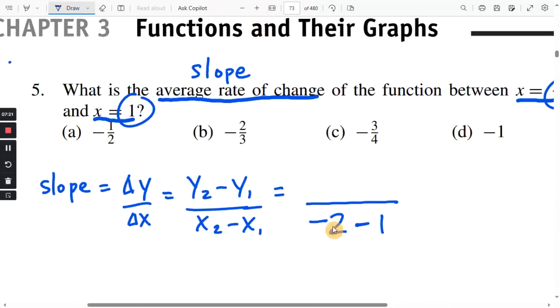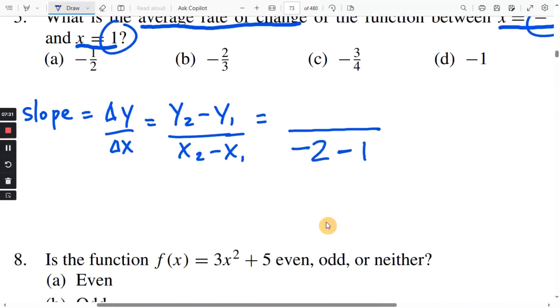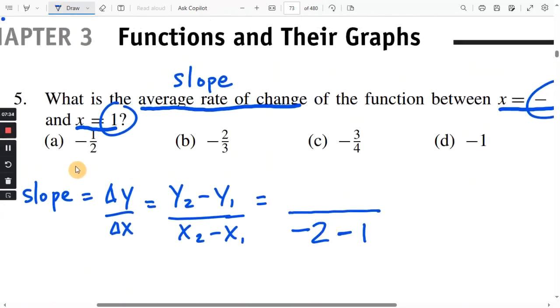Well, how do we find the y values at x equals -2 and x equals +1? You simply plug in these values in the equation, or you evaluate them on the graph. So y2 is going to be f of -2.